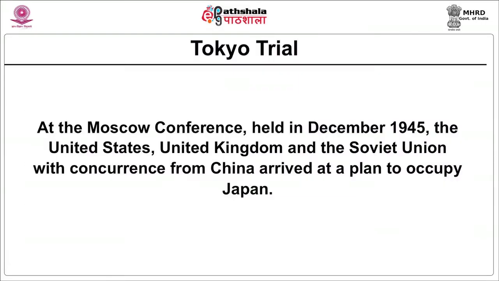At the Moscow Conference held in December 1945, the United States, the United Kingdom, and the Soviet Union, with concurrence from China, arrived at a plan to occupy Japan. General MacArthur was vested with powers to issue all orders for the implementation of the terms of surrender, the occupation and control of Japan, and all directives supplementary thereto.